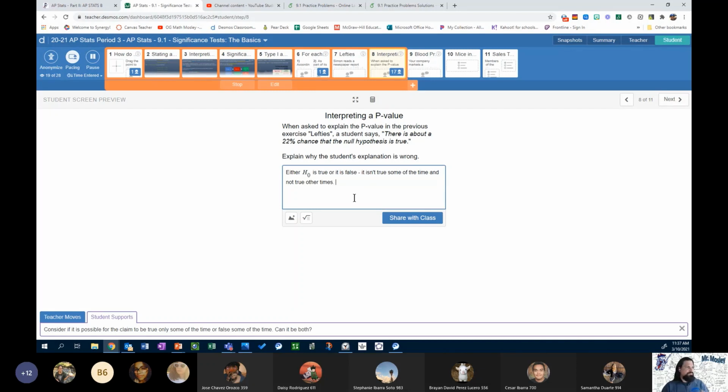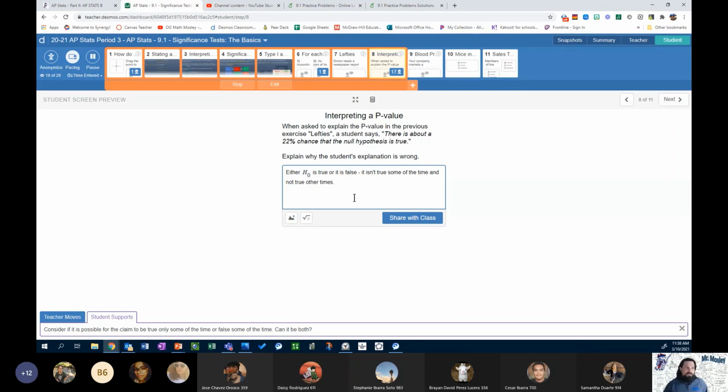One of the reasonings is, either the null hypothesis is true or it is false, right? It isn't true some of the time and not true other times, which means there's not a probability of it being true or false. That's not a thing. It either is true or it isn't, right? And so that's part of why this is wrong.